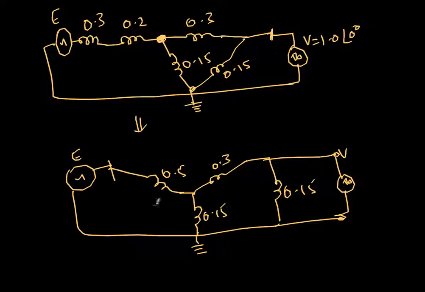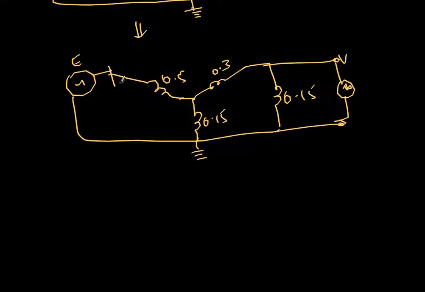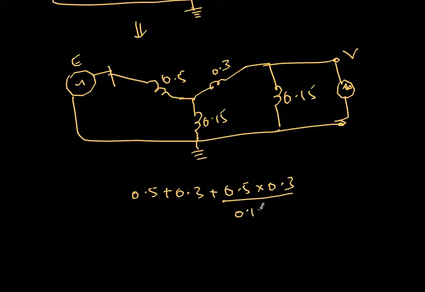Now this star connection I can convert into delta. So when you convert into delta, this particular reactance, whatever comes between these 2 points, will be 0.5 plus 0.3 plus 0.5 into 0.3 divided by 0.15. So that will be X total, that is between this point and this point.